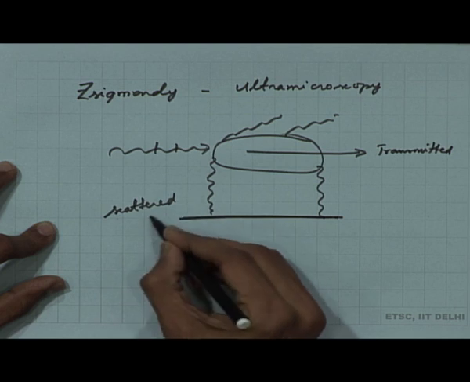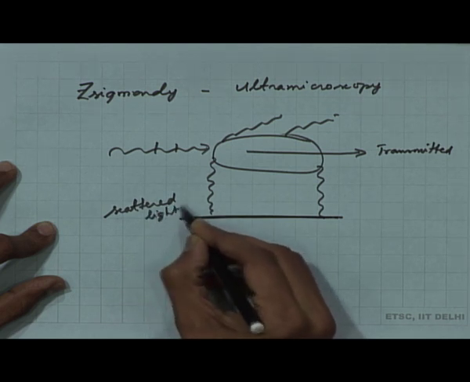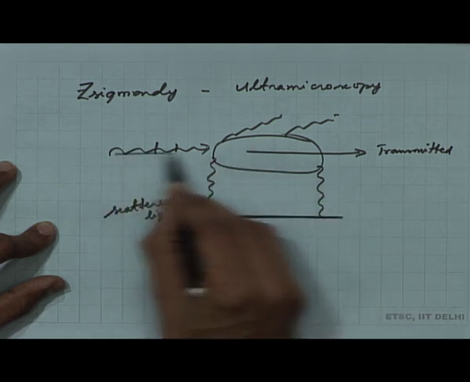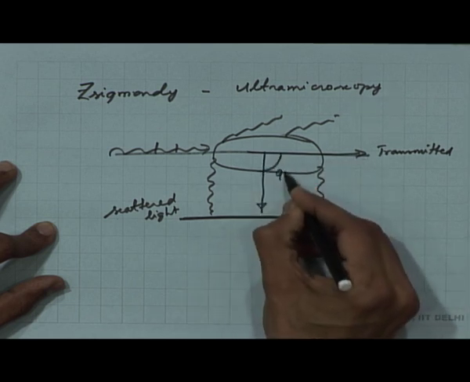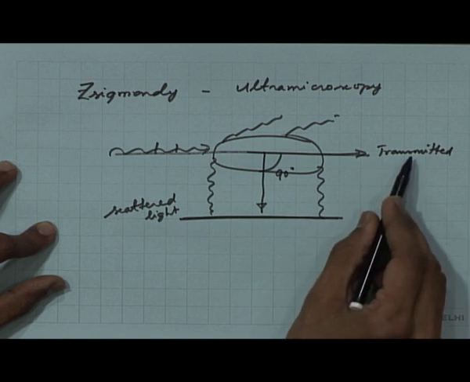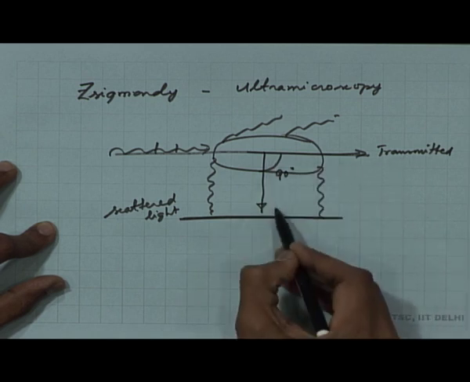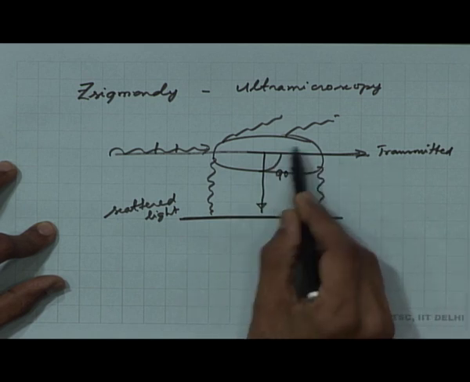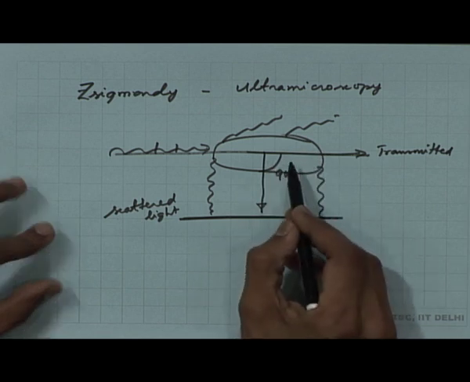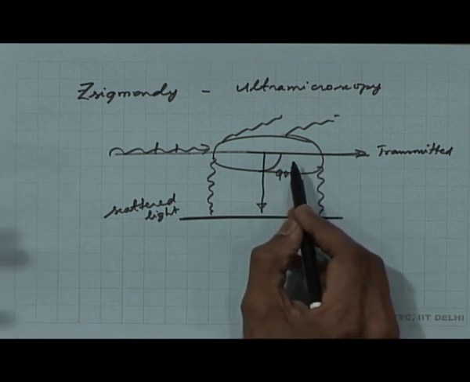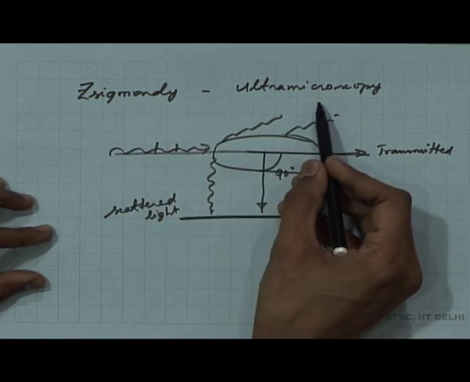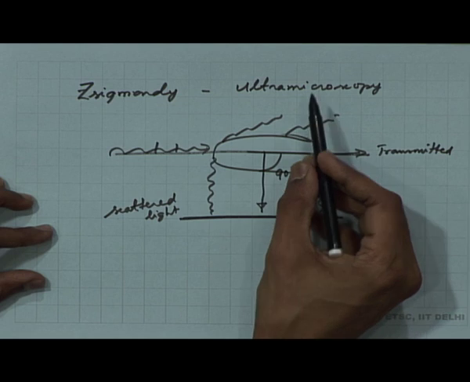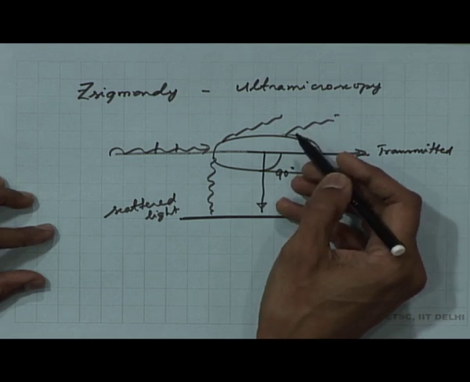And it is best to look at the scattered light at 90 degrees. So, if this is the incident light, you look at it at 90 degrees from the incident or the transmitted light. These colloidal solutions tend to scatter a lot more light, and this is what Zsigmondy did to look at ultramicroscopy. He developed what is called ultramicroscopy.